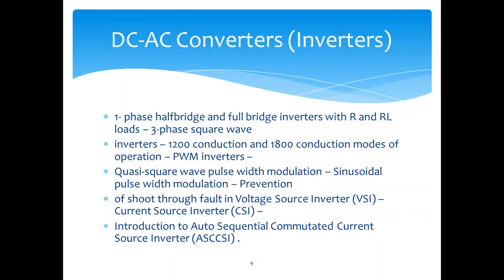Next one, DC to AC converters. Previously, I explained that for household purposes we are using inverters. This is nothing but the DC to AC converters. In these DC to AC converters also, we are using single phase supply and also three phase supply. Single phase half bridge converters, full bridge converters.